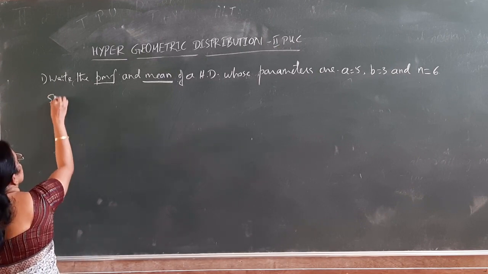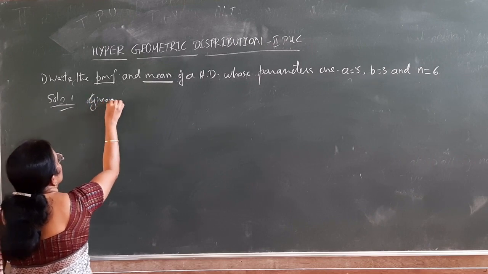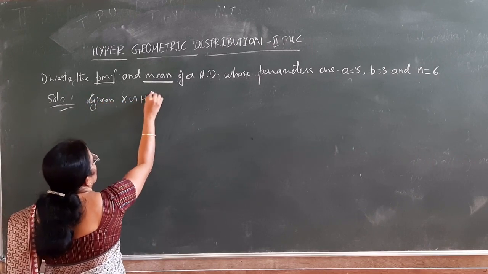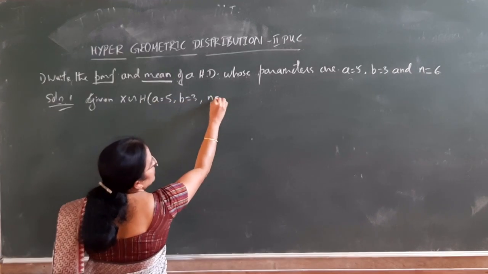If you know the parameters, then we can find the mean. Now first write: given X follows hypergeometric with A equal to 5, B equal to 3, and N equal to 6.